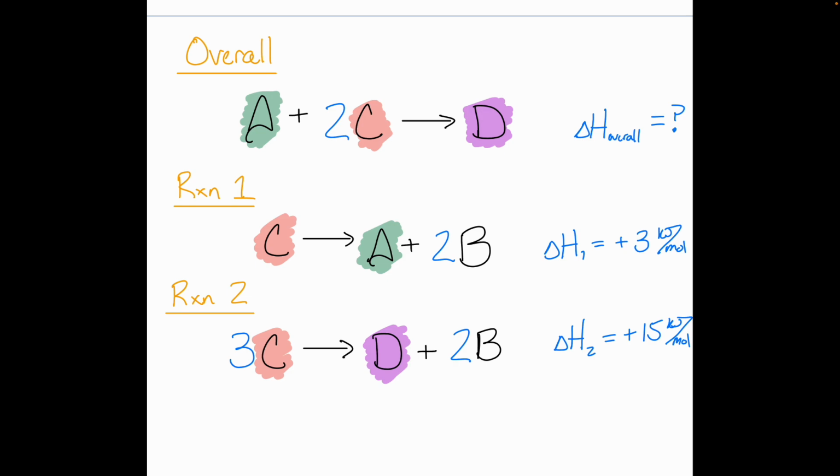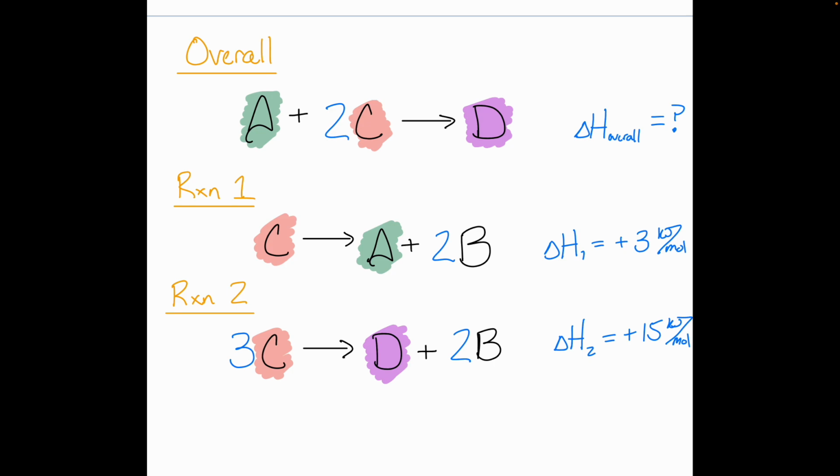All right, so we have C, this particular reactant, in both of our chemical equations. It is on the reactant side over here, so we might be tempted to say we want to use reaction 1 with C on the reactant side. But more importantly, only one of these reactions contains A, and A has to be on the reactant side of my overall chemical equation.